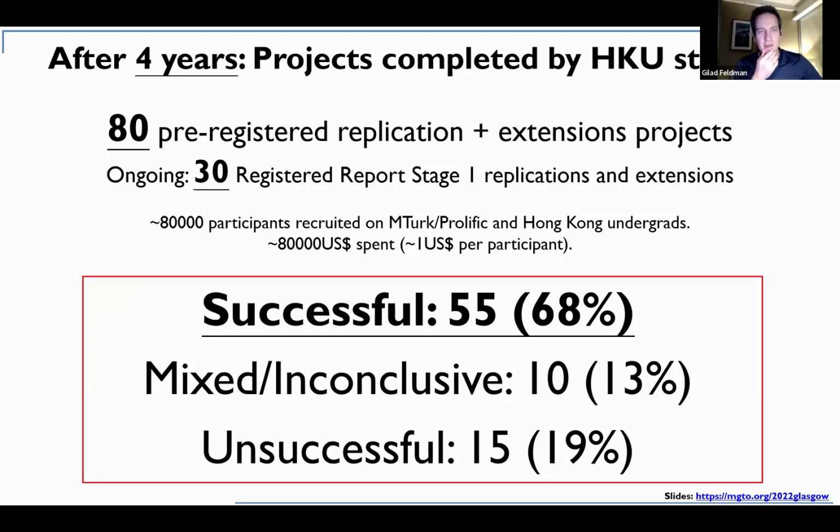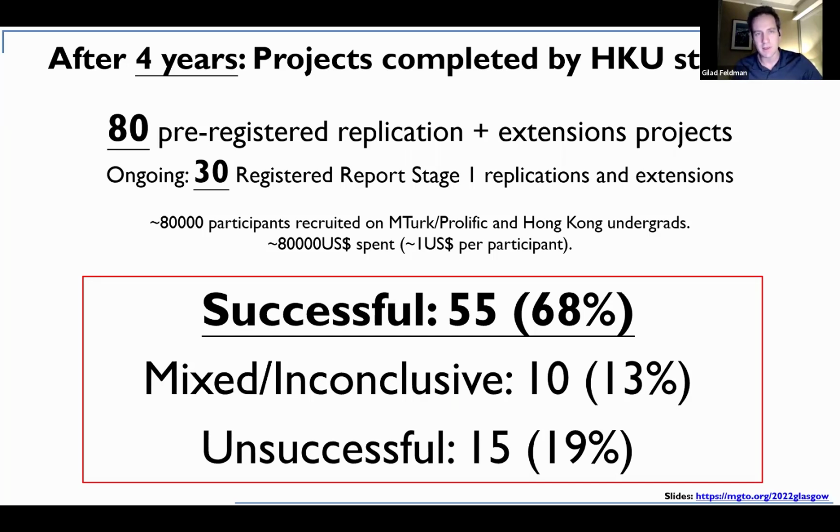And interestingly, our success rate, at least for my very non-random sample of the classics, is that the replication rate is higher for us than it normally is in social psychology based on what it is that I keep track of. So we're about 70% success rate.